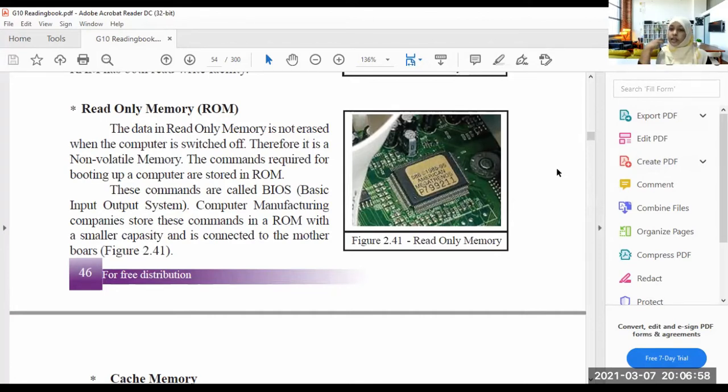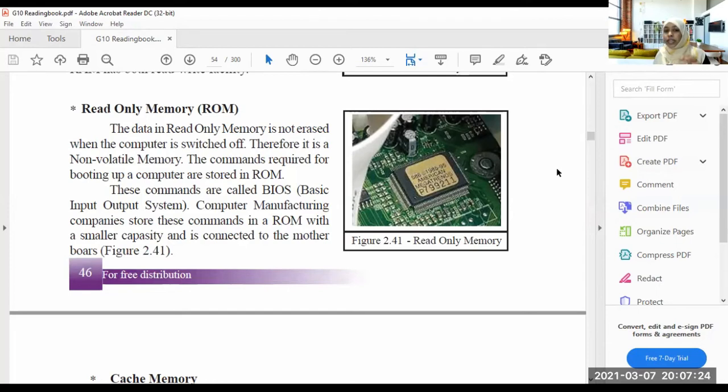So what is there inside the ROM? One is the commands which are required to boot up a computer. These commands are called BIOS. BIOS means basic input output system. I think you have seen that when you switch on some computers, a black screen comes and says checking BIOS.